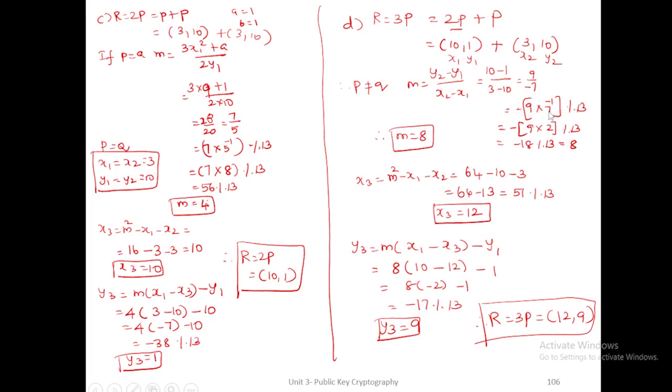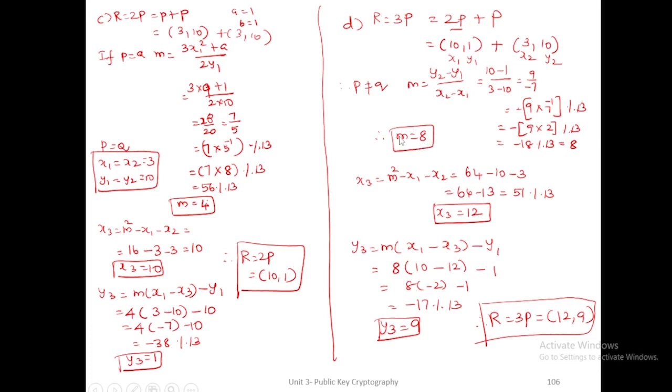The multiplicative inverse of 7 in 13 is 2, that means 2 7s are 14, and 14 mod 13 gives the remainder 1. So the multiplicative inverse of 7 in Z13 is 2. So minus of 9 into 2 is minus 18. If you do the modulus operation, 2 13s are 26, so 26 minus 18 is 8. It is less than 13, so the slope m is equal to 8.